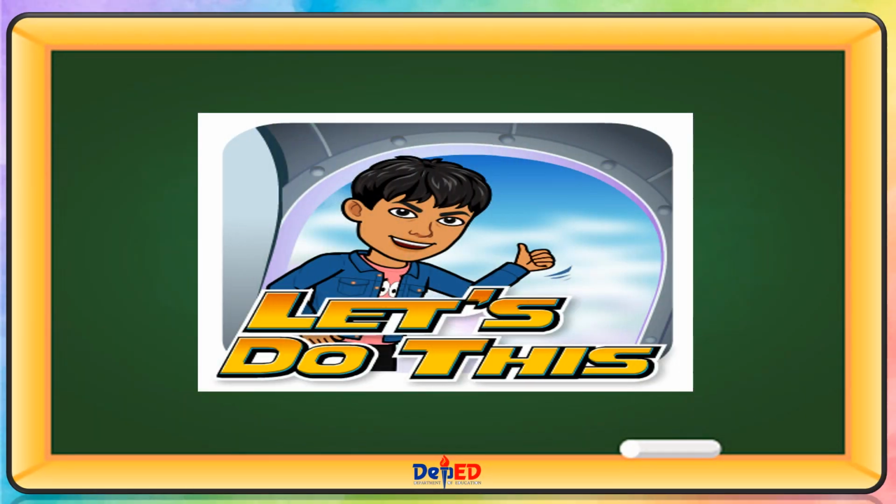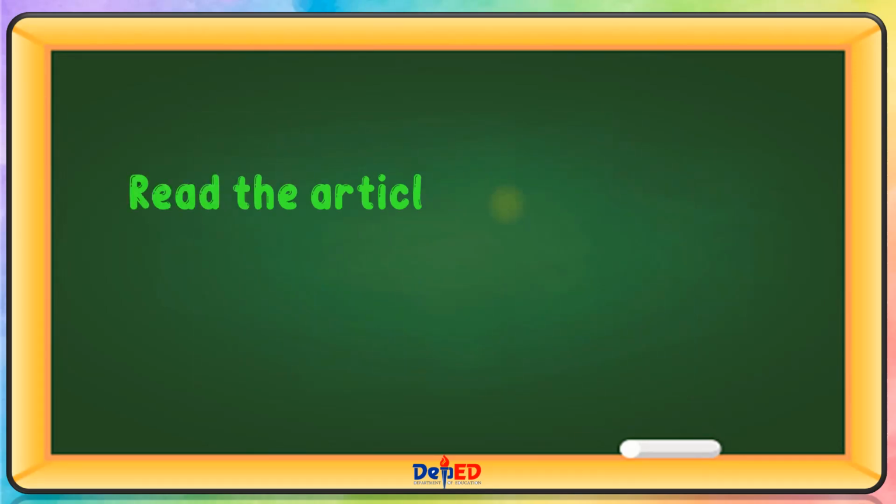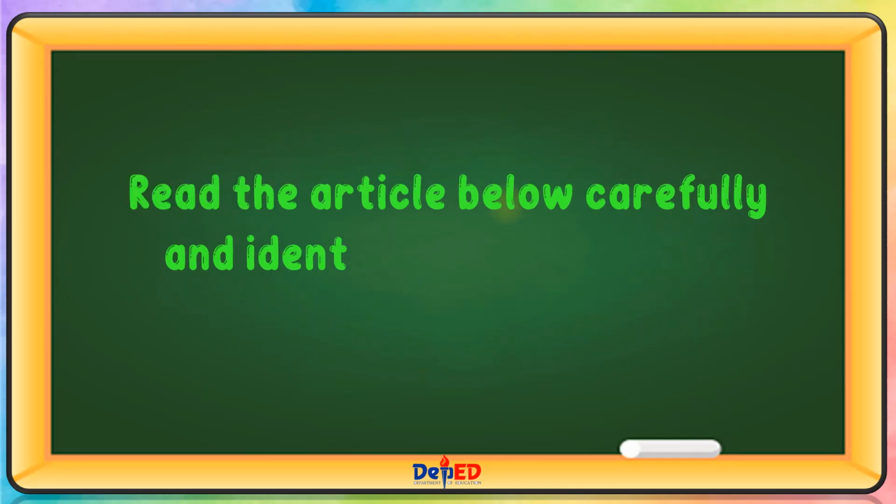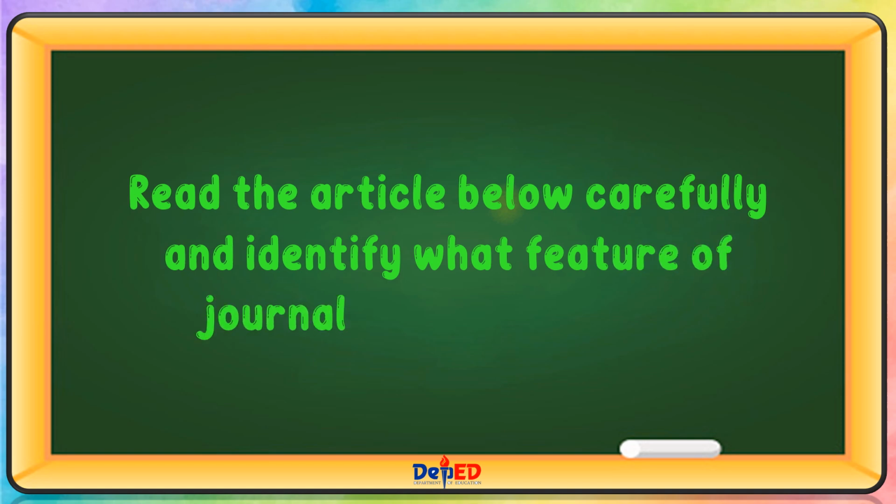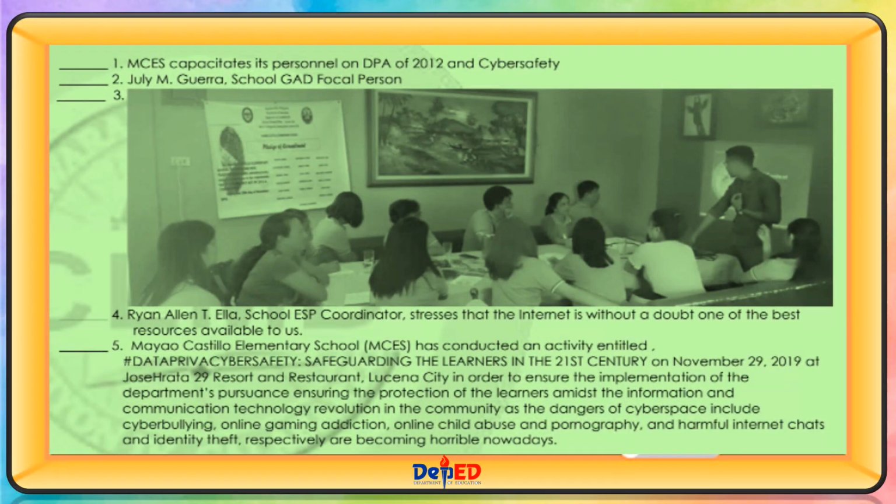Let's do this. Read the article below carefully and identify what feature of journalistic writing it is. Number 1 is headline. Number 2 is what we called byline. Number 3 is photo.